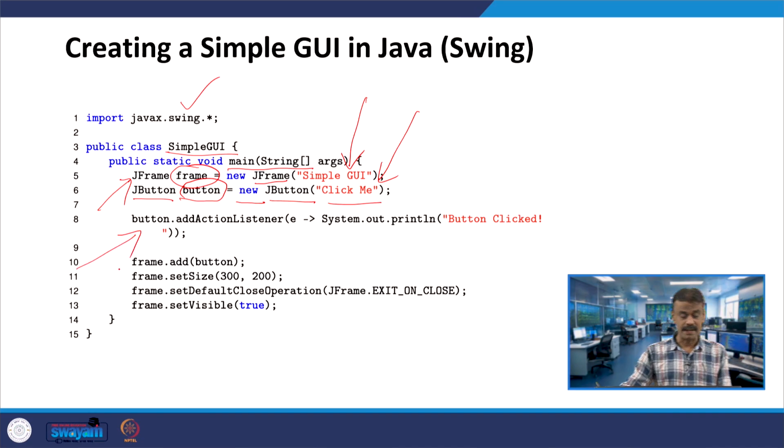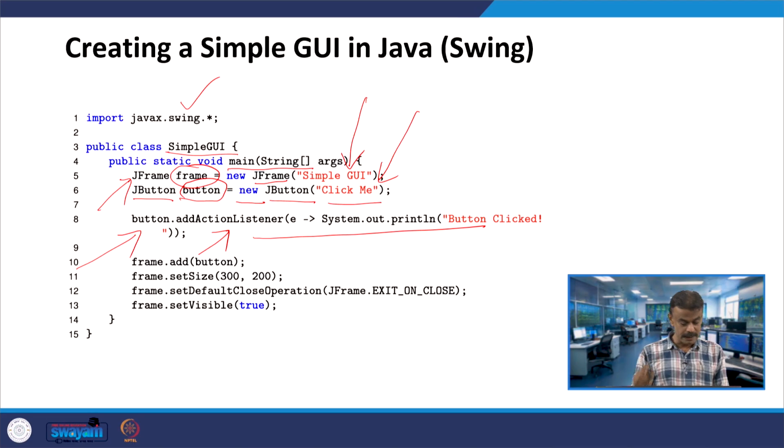The button object is invoking addActionListener, which adds an event listener to the button. This event listener is implemented using a lambda expression, which is a concise way to define the behavior of the button click.